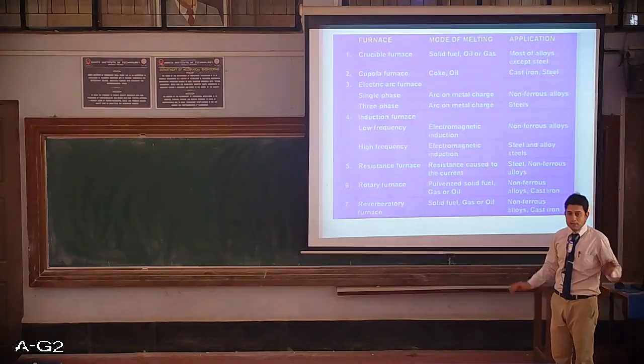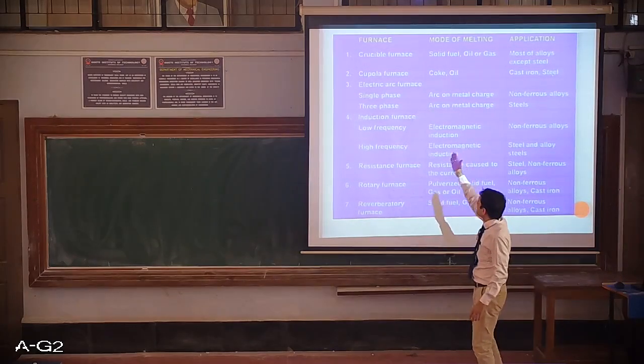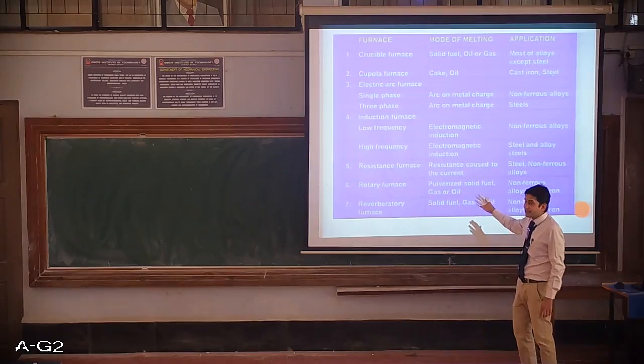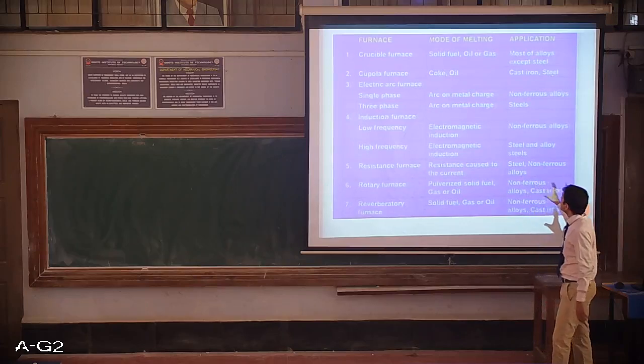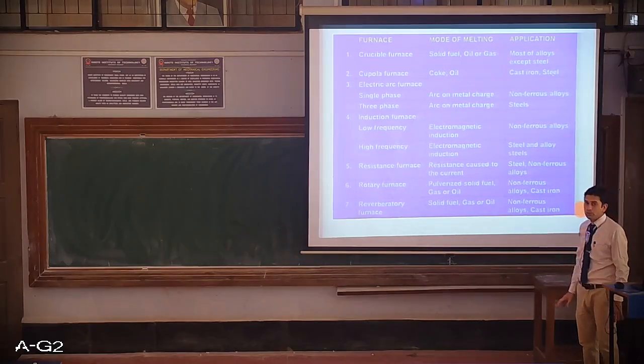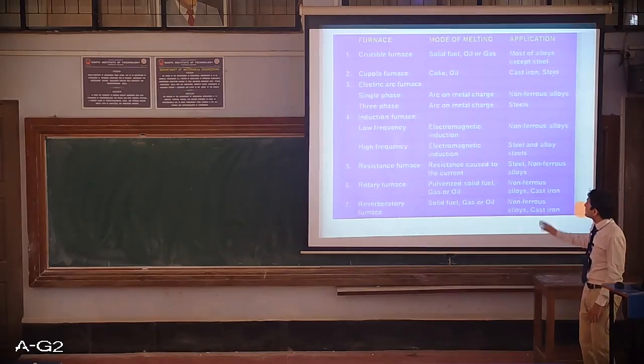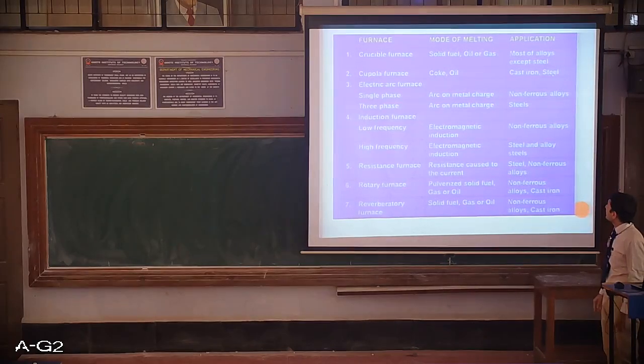And here, this is the last slide I have put. The different types of furnaces, the mode of melting, that is the source of fuel which is used to melt the solid charge, and the applications of those types of furnaces are mentioned. For example, crucible, mostly it is used for alloy steels except steel. I have told that earlier also. Cupola furnace we make use of for cast iron and steels.